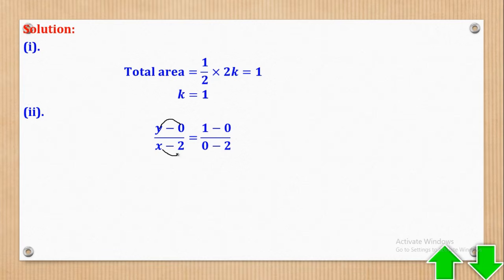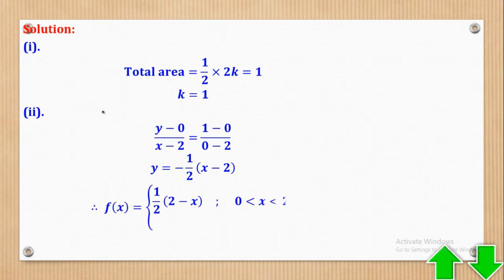And also when I use (0, 1) and (2, 0), I'll come up with 1 minus 0 over 0 minus 2. So when I simplify, our function small f(x) will be equal to this, for this range from 0 to 2, and elsewhere this function is not valid. That's why you have to put 0 elsewhere.